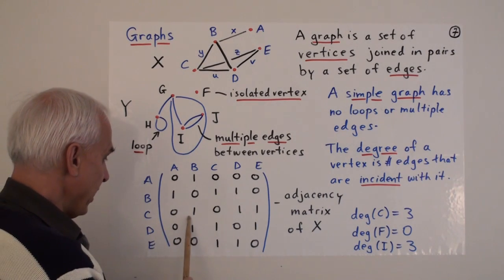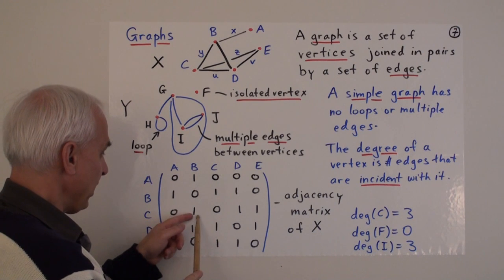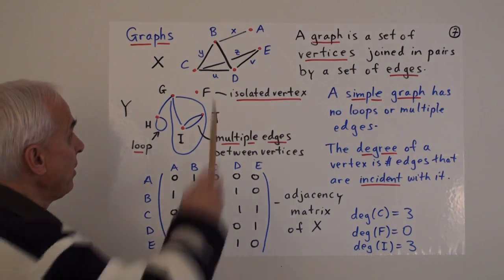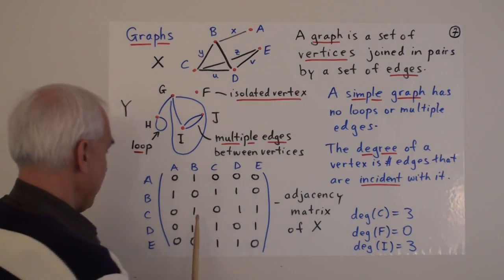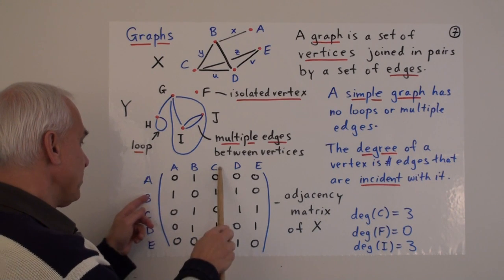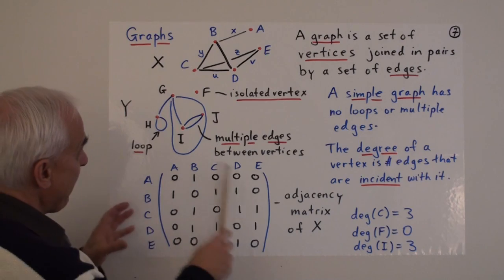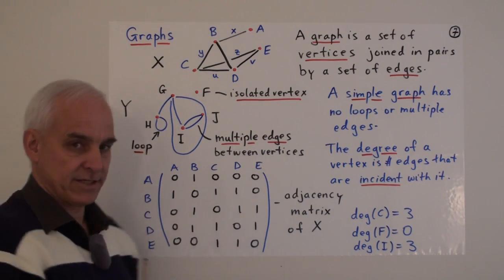So this one right here at the position C, B is telling us that there's one edge between B and C. And you see it's got to be symmetric because if there's an edge between B and C, then there's also an edge between C and B. The information of the graph is contained in this matrix.